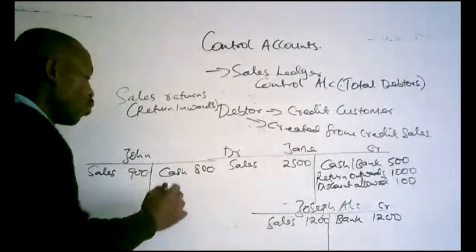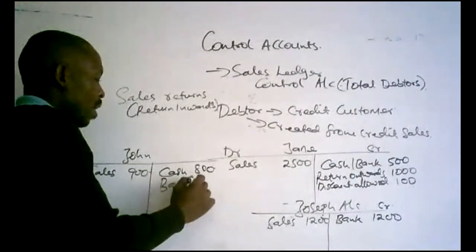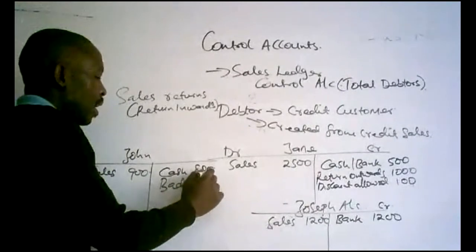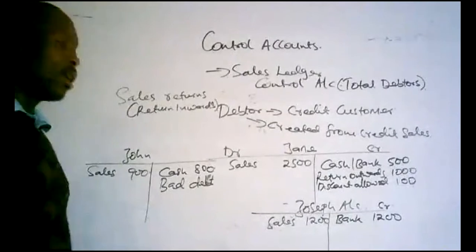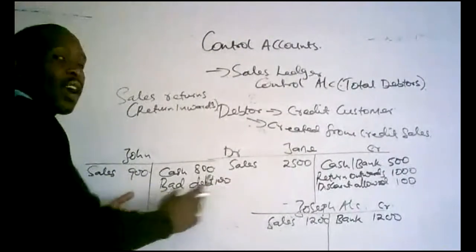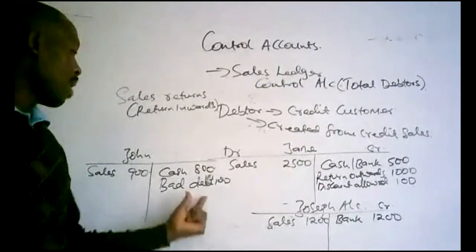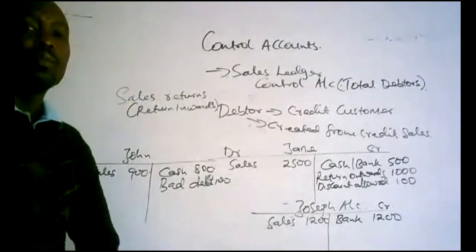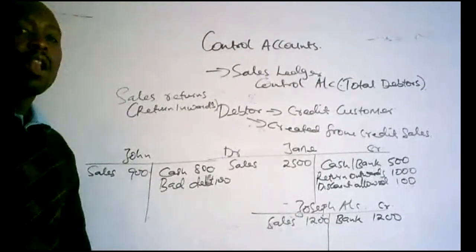What you will do, you are going to come here and declare that particular debt from the customer as bad debt, and you put here 100, so that this account will not have any balance for you to keep on waiting. And this bad debt in final accounts is going to be considered as an expense to the business, because it is money lost.